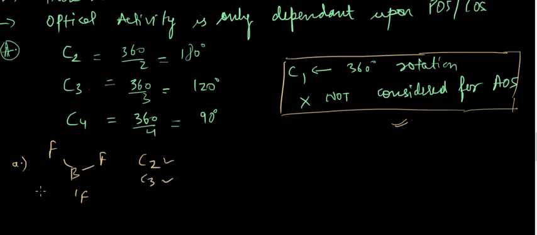I can use this plane to turn this compound 180 degree, and the resulting compound would be indistinguishable. And similarly for C3, I can rotate it about the axis going down the page, or the Z axis, by 120 degree. The compound obtained after that would be indistinguishable from this compound.